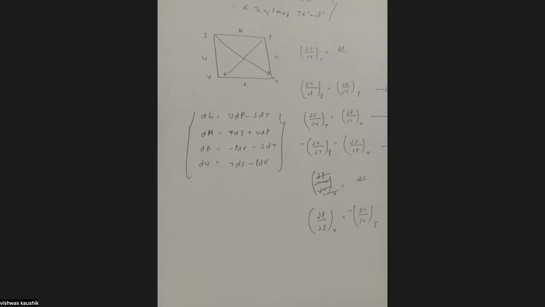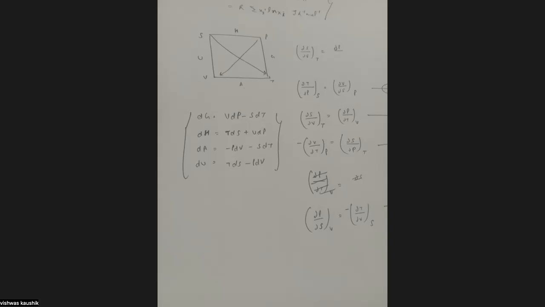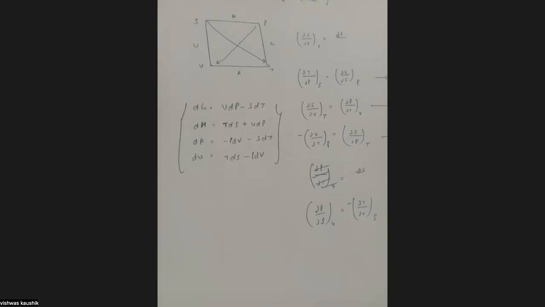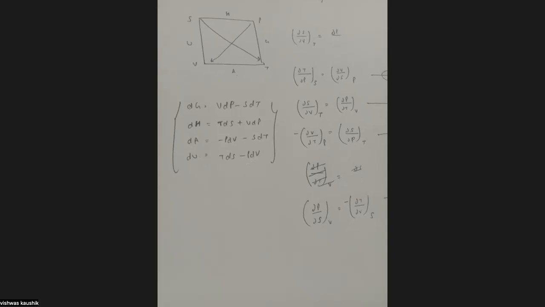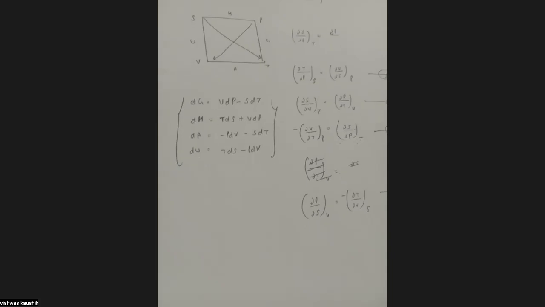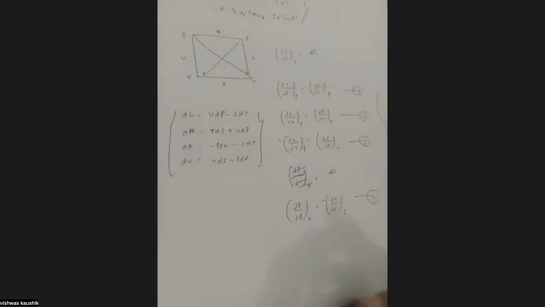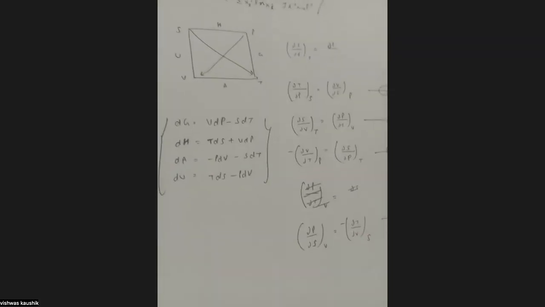For example, at constant P and T, if delta G is less than 0, then the process will be irreversible or feasible. If it is equal to 0, then the process will be at equilibrium.